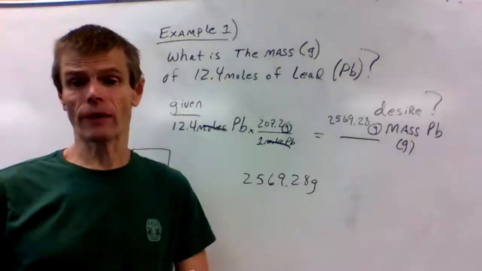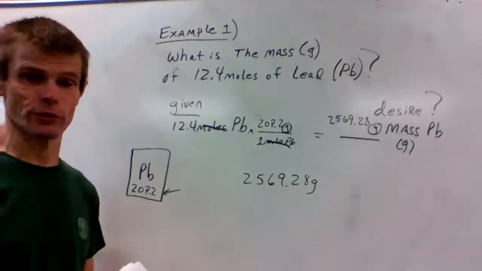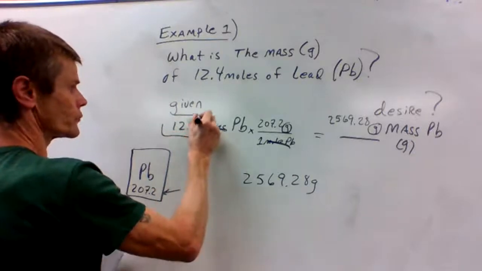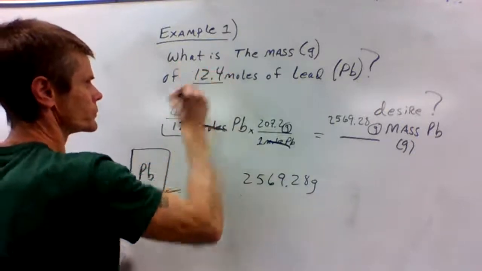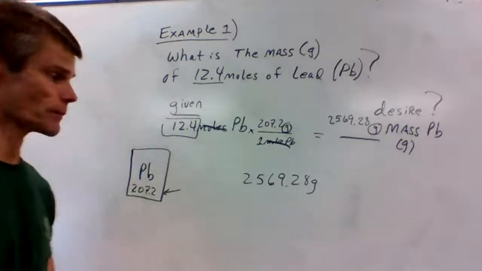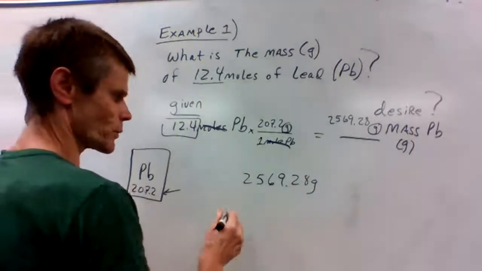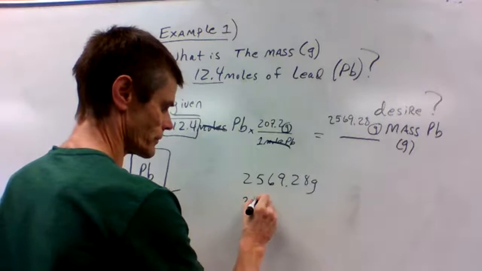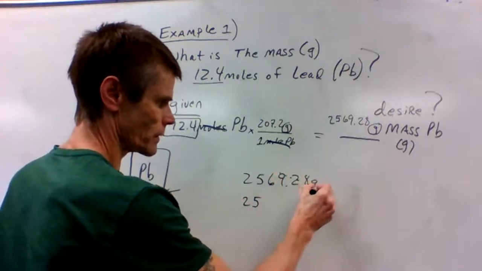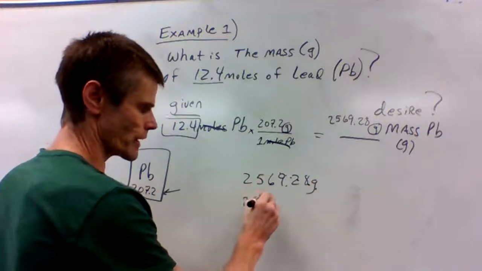How many significant figures should we report this to? Well, the data that was given to us was this 12.4 moles. Our answer should be limited to 3 significant figures. So let's round this, 2,570. Now we're going to drop these digits off, and that means we're going to round this up.